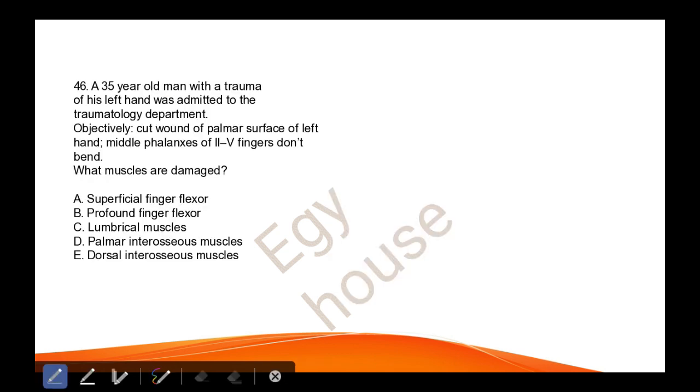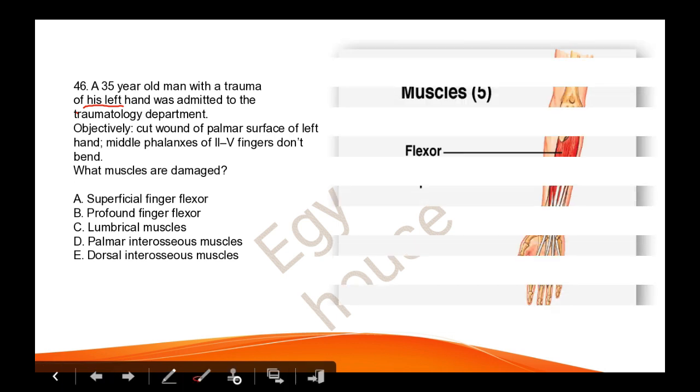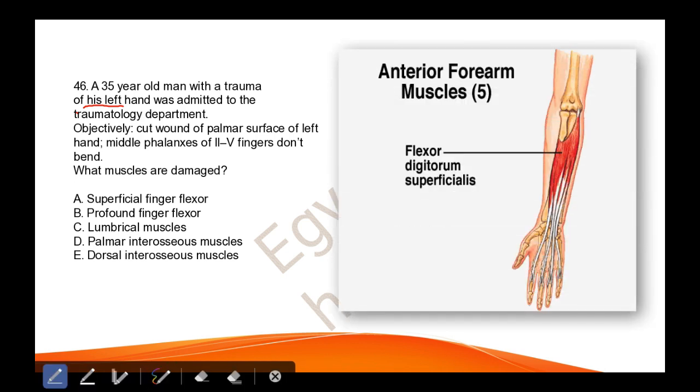The man had trauma on his left hand, and he had the wound here, and the cutting was on this level, so it led to the inability to flex or to bend the phalanges, the second, third, fourth, and the fifth.